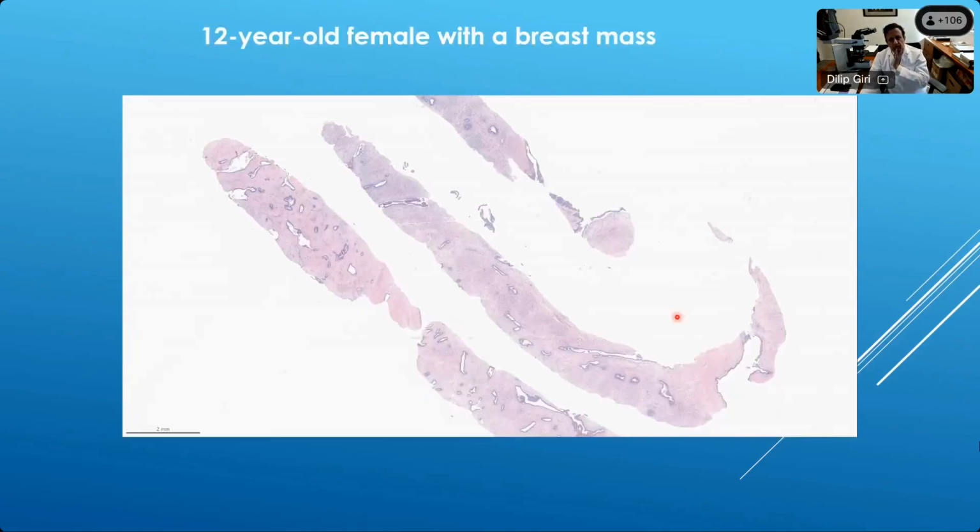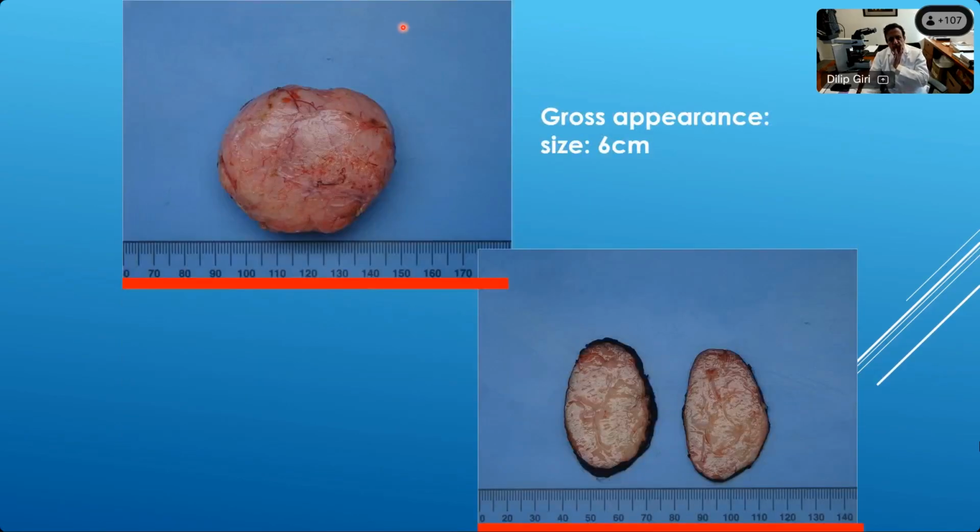So here is an example of a juvenile fibroadenoma in a core biopsy. Again, the stroma looks somewhat denser, probably because it is more cellular. But when you look at the gross appearance of these lesions, they are well circumscribed, a very nice oval with a lobulated kind of appearance on excision. As I said, they tend to be sometimes large, so size alone should not worry you too much.